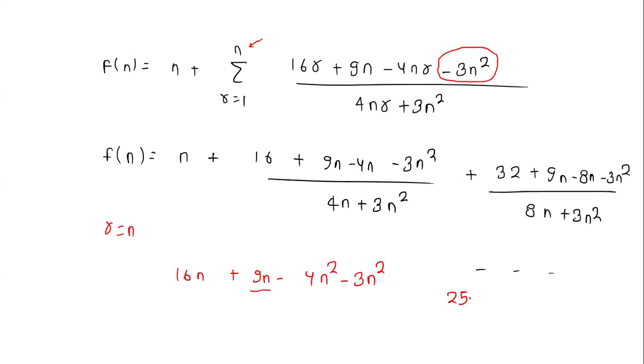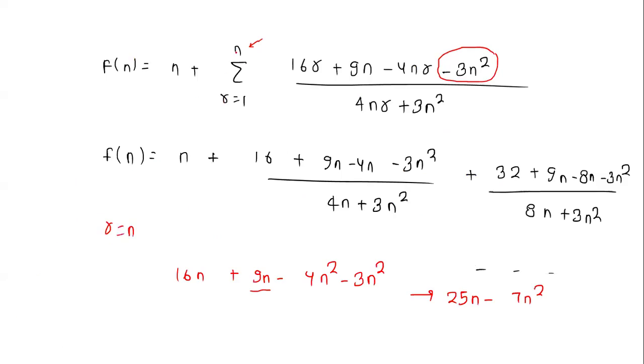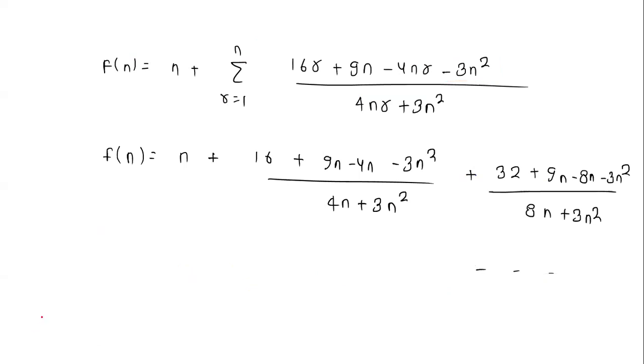So it will come as 25n minus 7n square, which is the last term's numerator. So we have to go up to r is equal to n, then we will get the last term. In this way the numerator is forming.